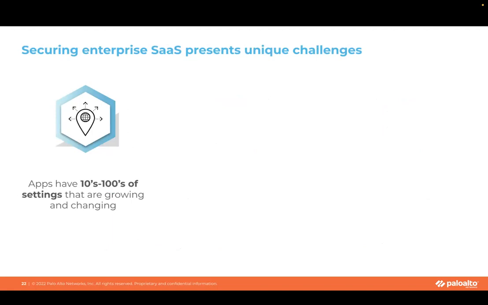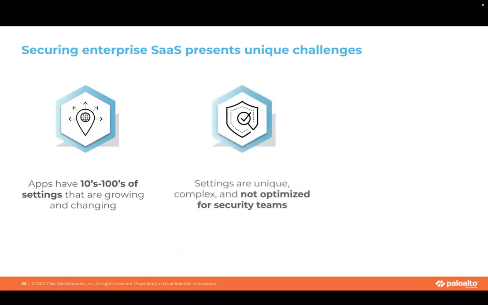The tens or hundreds of settings that are growing and changing. No doubt SaaS applications are evolving their products. So suppose you even got your arms around 10 plus application settings. Well, the SaaS application that you use, that you love, that may be sanctioned, is continuing to ship, right? Continuous delivery.